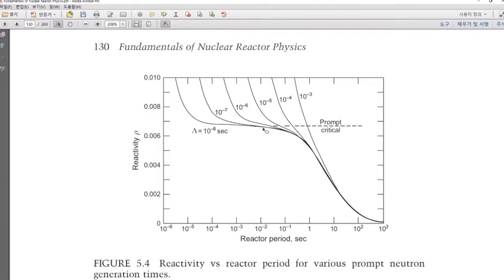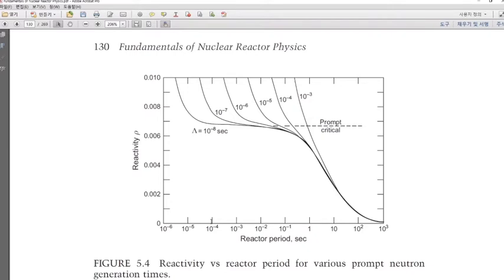That means if the reactor period is small, then the exponential function increases very rapidly. If the reactor period changes from, in this case, 0.1 second, this is already a very rapid change. But from this on, if the reactivity changes slightly higher, then the reactor period changes to 10 to the power minus 4 seconds.